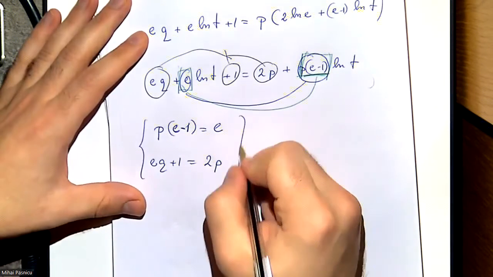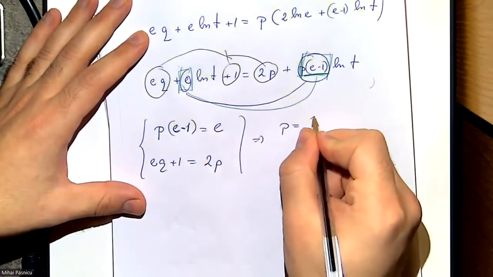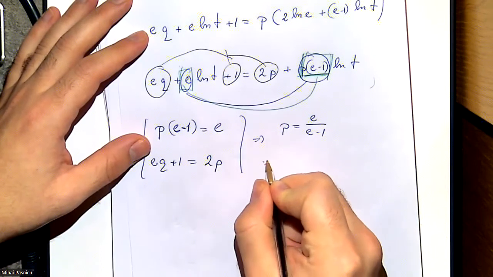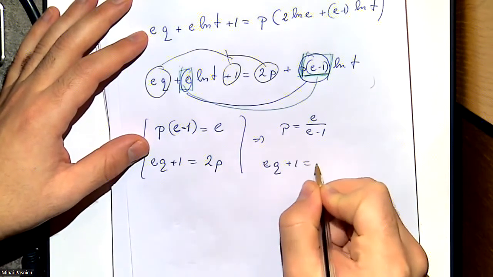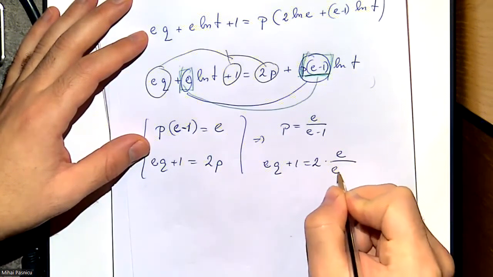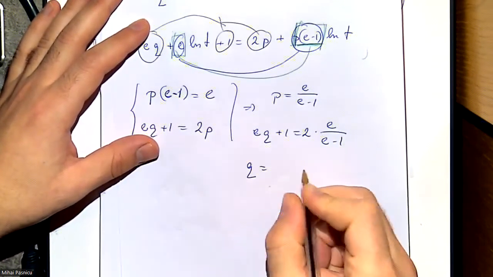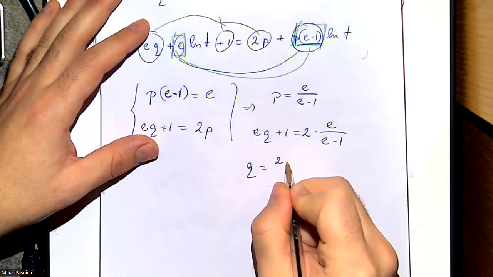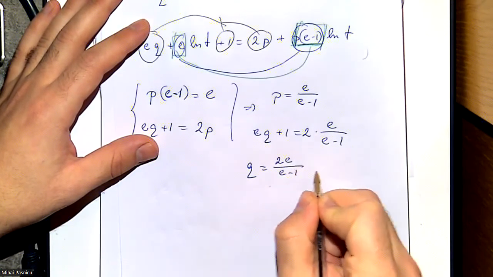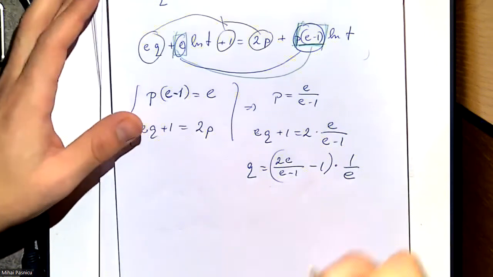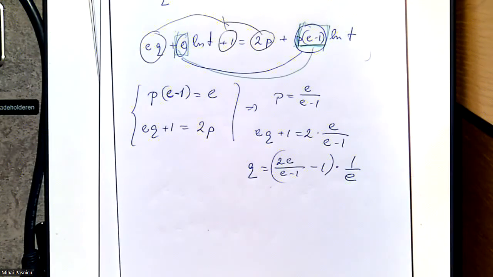So from here, I get P is equal to E over E minus 1. And then EQ plus 1 is equal to 2 E minus 1. So Q is just equal to whatever this thing is. E minus 1 minus 1 and 1 over E or something. I don't know. I probably can make it look nicer, but I don't care that much for now.